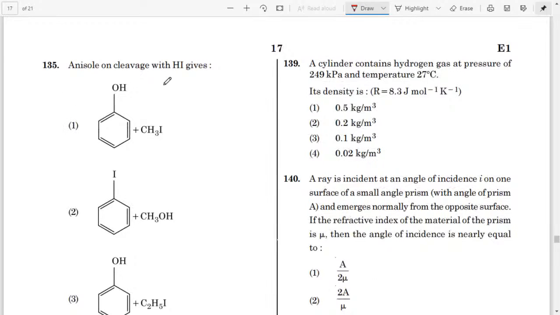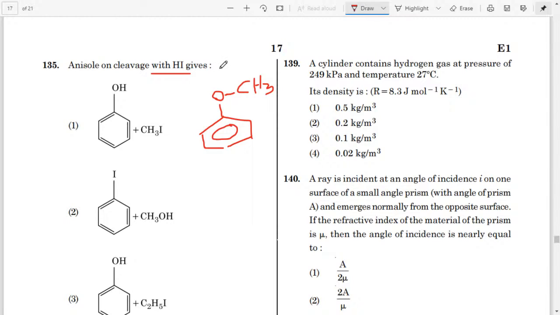Next, question number 135. Anisole on cleavage with hydrogen iodide gives, it is a very simple reaction, students. You should know the structure of anisole. Anisole is nothing but methoxybenzene. We use hydrogen iodide for the demethylation of anisole. If I treat it with HI, what is going to happen? Is it going to replace OH with iodide?